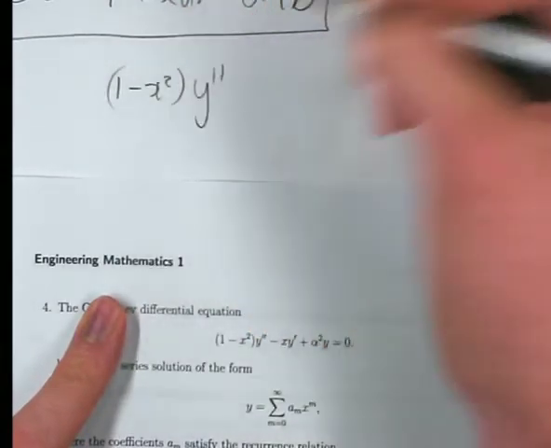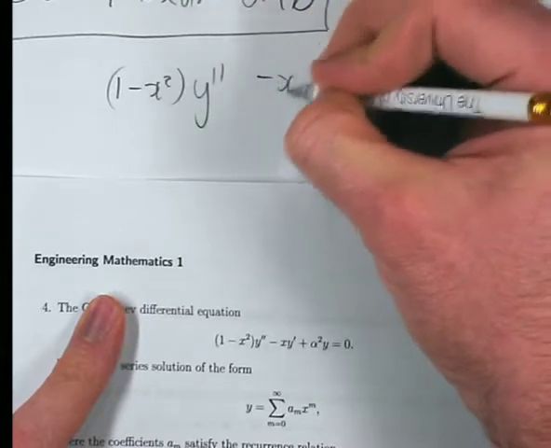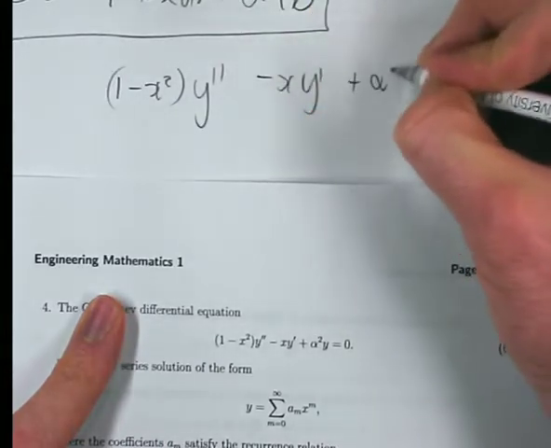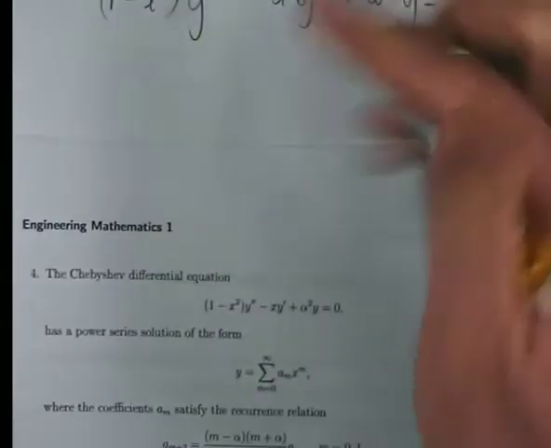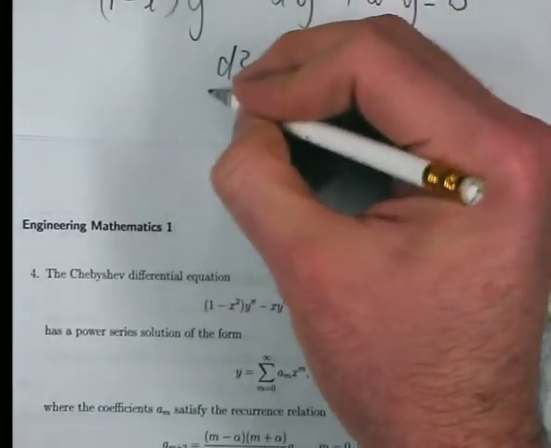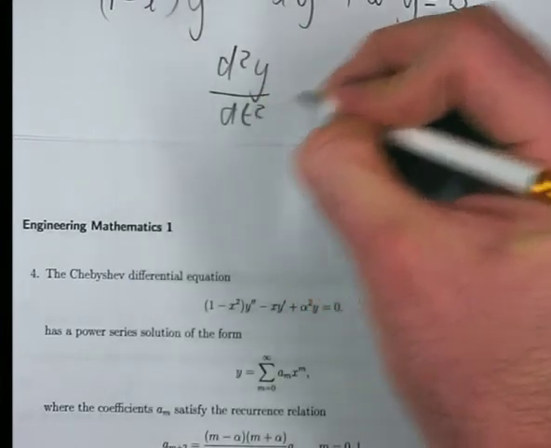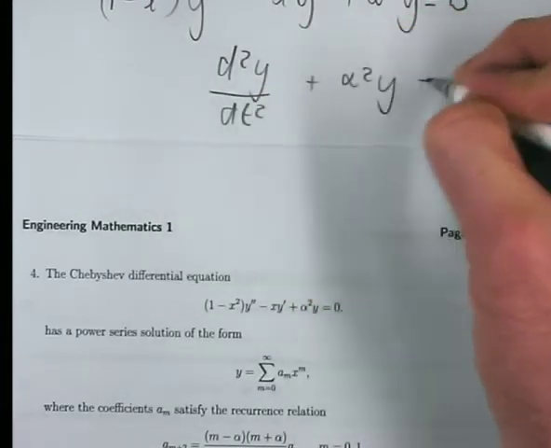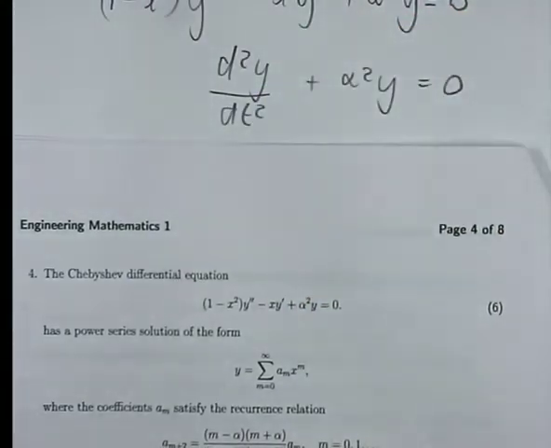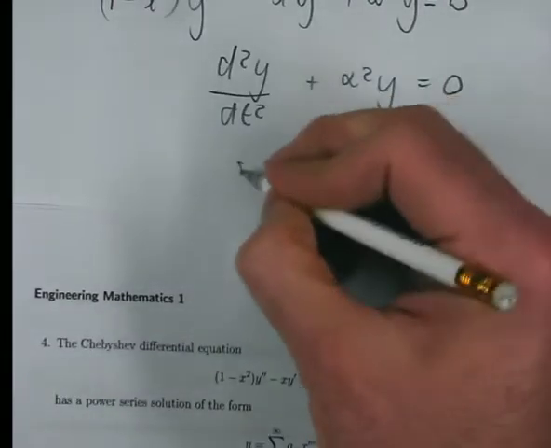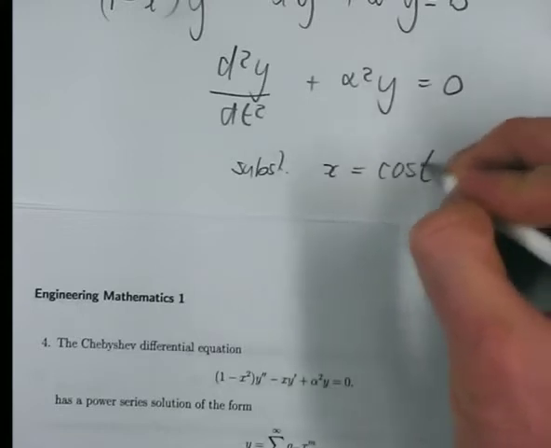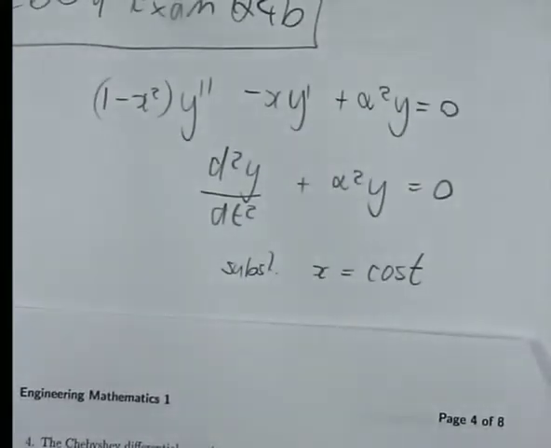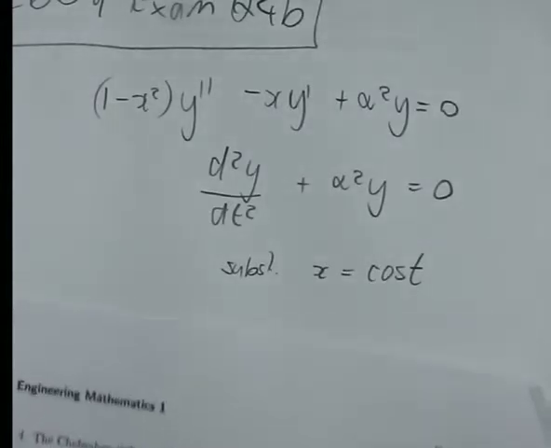We have this equation. And we have this equation. And we're supposed to do a substitution of x equals cos t.